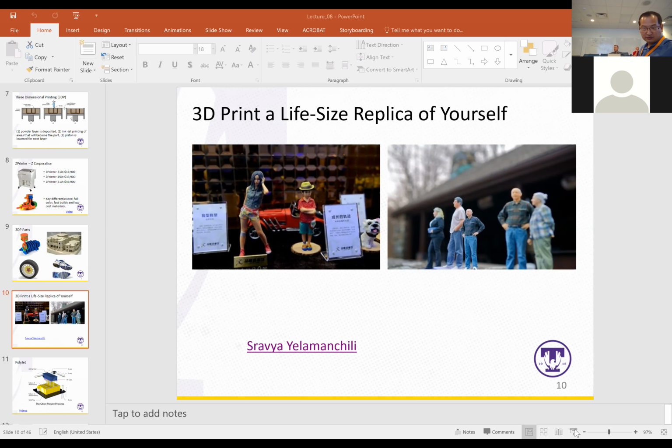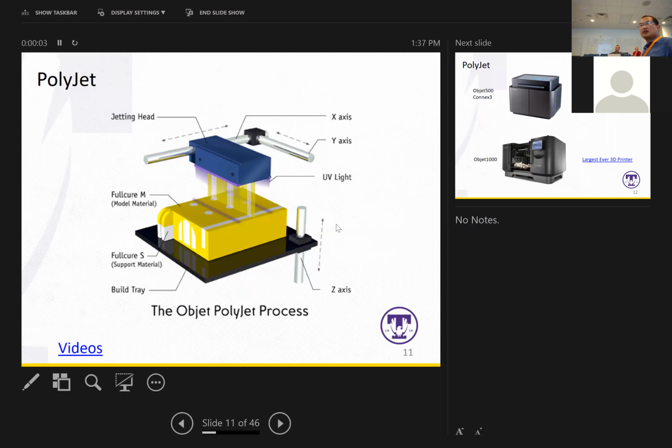Let's continue. All right. So another similar process is called polyjetting. As you can see, there are some jetting heads which will move in the XY direction, and powder or liquid drops will be spread onto this platform.